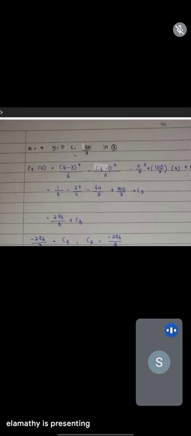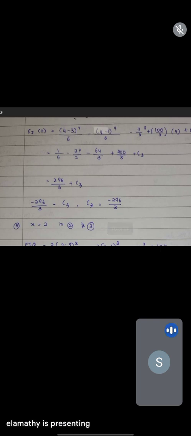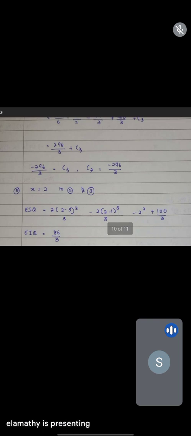So it equals 1 over 6 minus 27 over 2 minus 64 over 3 plus 400 over 3 plus C3. So it equals 296 over 3 plus C3. You have to substitute the place and you will get negative 296 over 3.